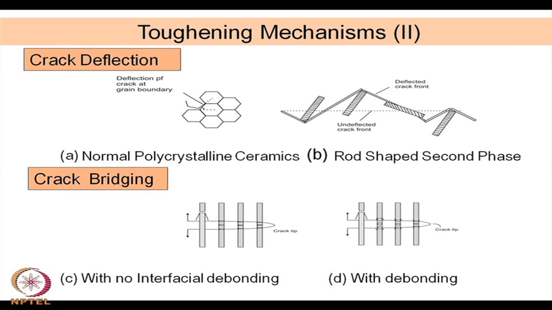So, there may be more plastic deformation that can take place with this kind of a situation. And here the plastic deformation will be restricted, but its Young's modulus may be enhanced. Okay. So, both these things can be used in a controlled manner to get advantage of the two types of mechanisms.